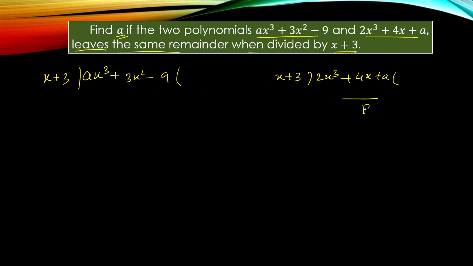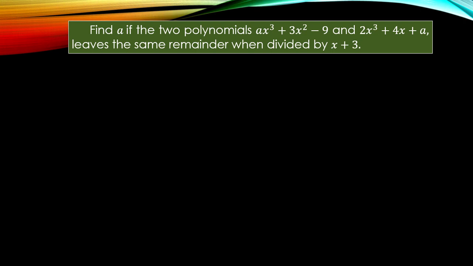We are getting a remainder here and a remainder here. Both remainders are the same. Leaving the same remainder means this remainder and this remainder are equal. So how can we find the remainder? It's very simple. By the remainder theorem.